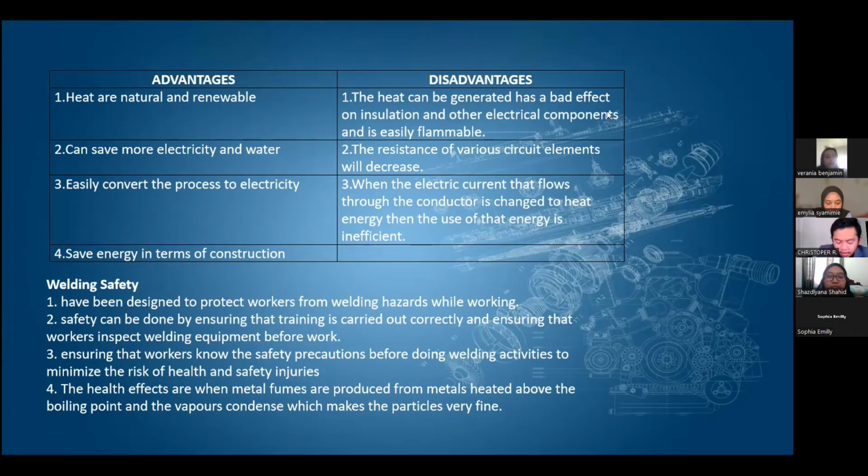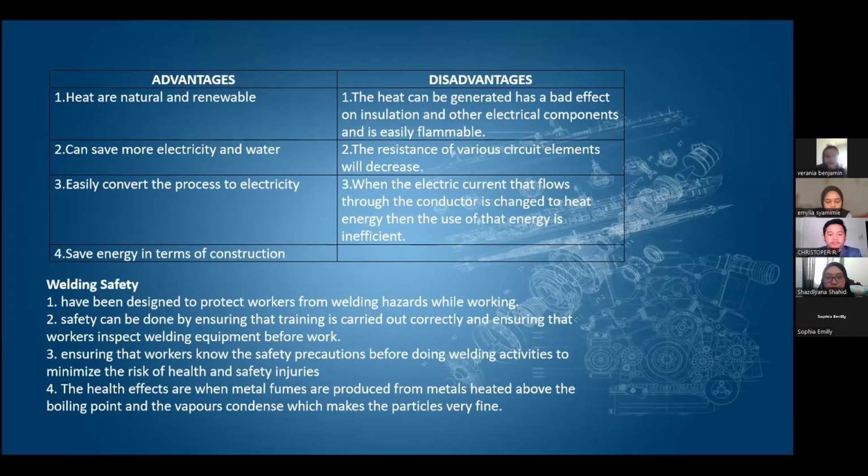The disadvantages are that heat can be generated, has a bad effect on installations and other electrical components, and is easily flammable. The resistance of various circuit elements will decrease. When the electric current that flows through the conductor is changed to heat energy, the use of the energy is intensive.